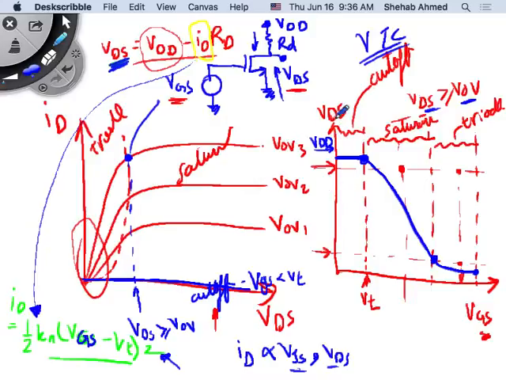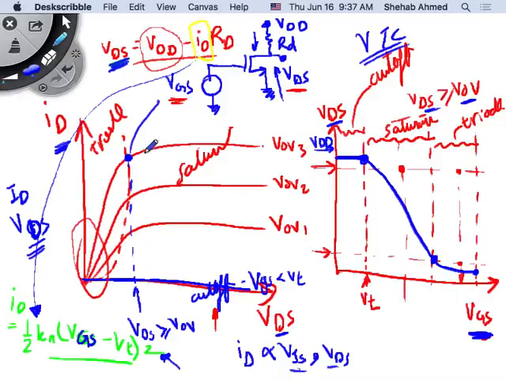This curve represents the relationship between VDS and VGS. Before, we were doing this, ID versus VDS. But remember, we did the DC operating point, right? This DC operating point is for a certain value of ID and for a certain value of VDS, right?